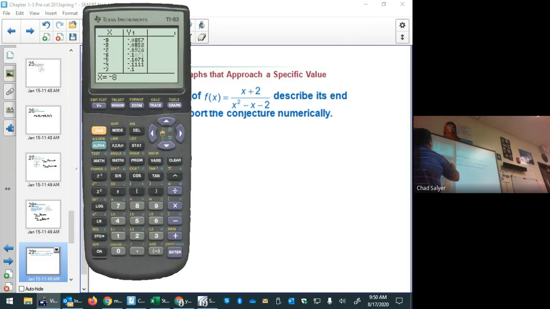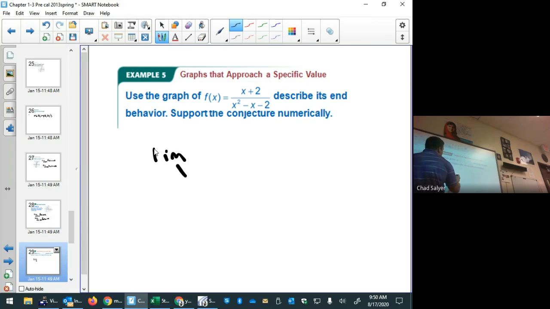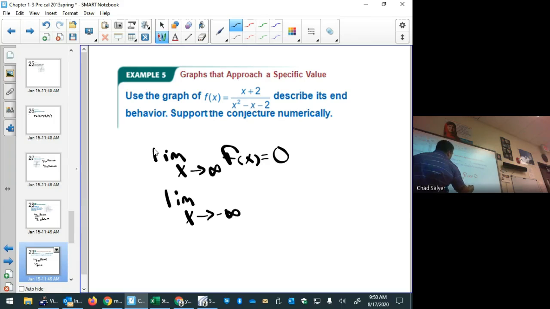In other words, the limit as x goes to positive infinity of f of x equals 0. It approaches the x-axis. And the limit as x goes to negative infinity of f of x is also 0. To the left, it also approaches the x-axis.